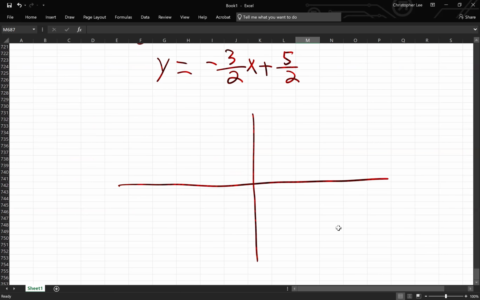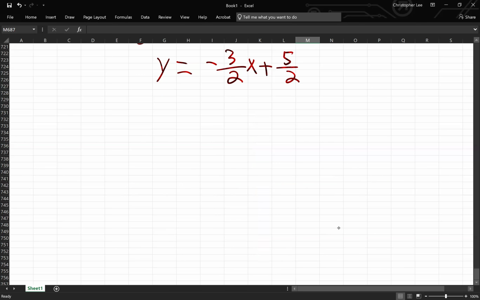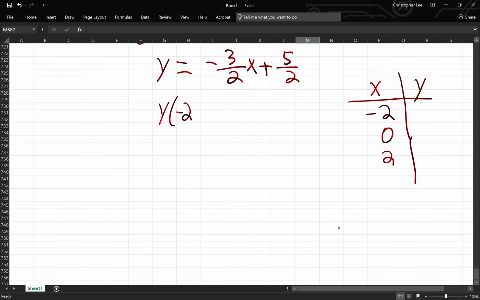Just going to graph this now. Let me make my table of values. You already know what I'm going to choose: -2, 0, and 2. Why those numbers? Because that's what the denominator is. Plug in -2. This is -3 over 2 times -2 plus 5 over 2. Twos will cancel.